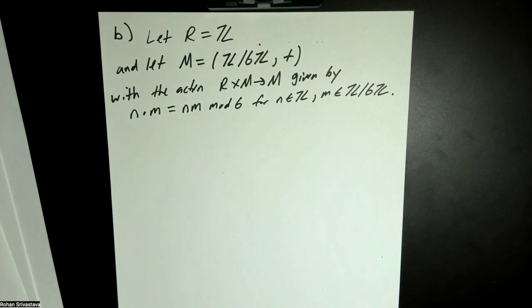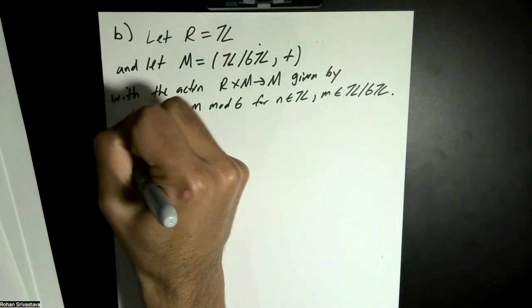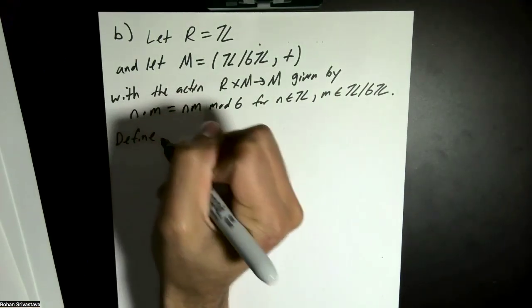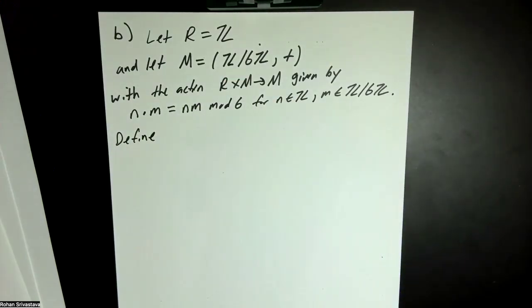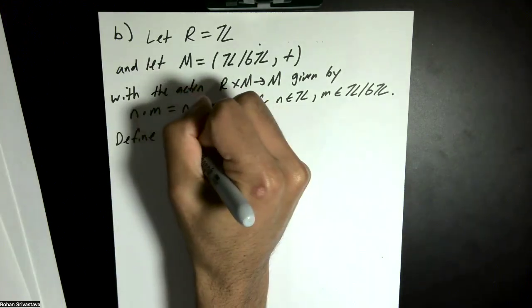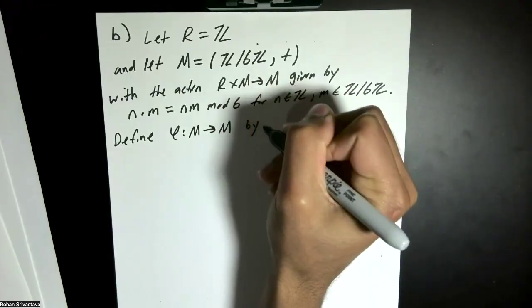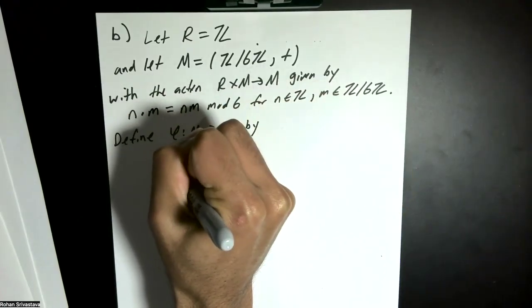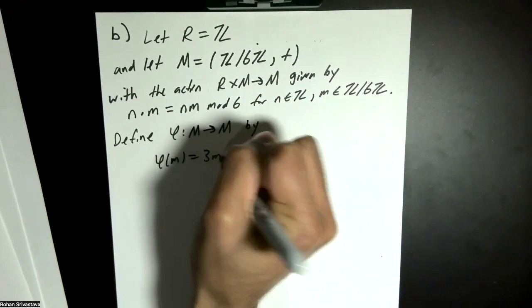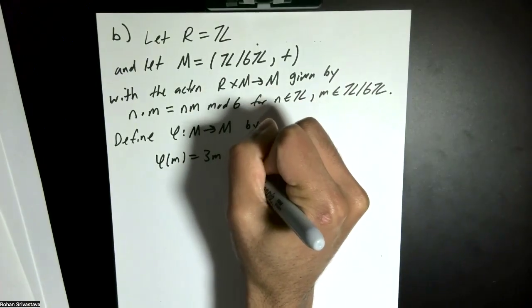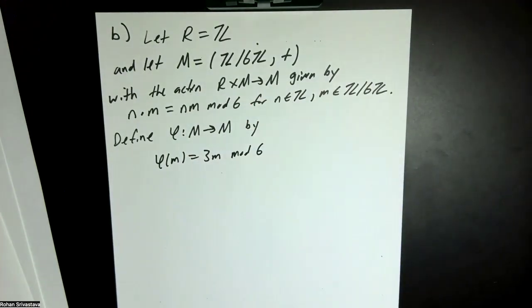We can check the module axioms. So now we want to define an R module homomorphism that's not the identity and that's not 0 from M to itself. So define phi from M to M by phi of M is going to be 3 times M mod 6, of course.